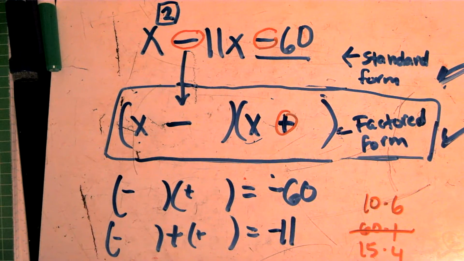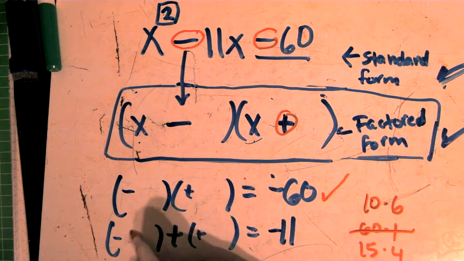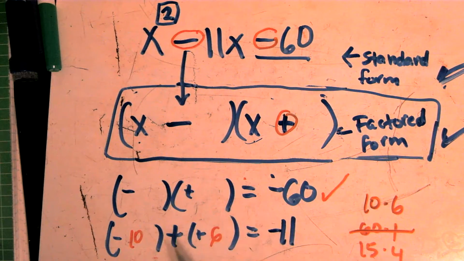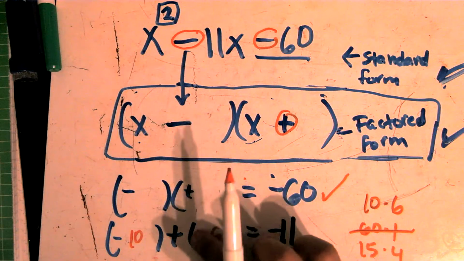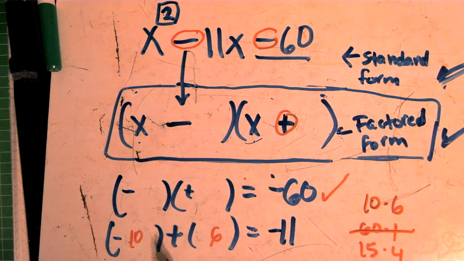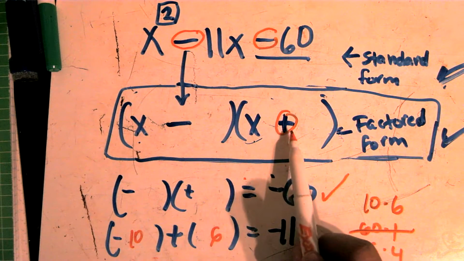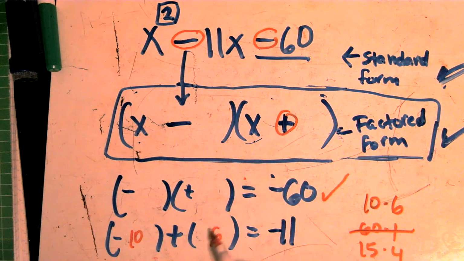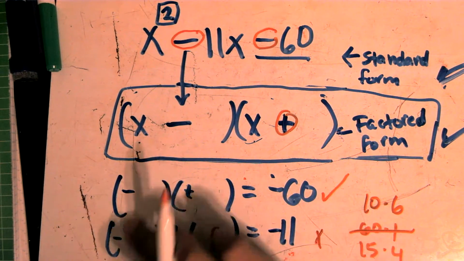I always test the bottom one because it's always going to work on the top. So 10 and 6. Negative 10 plus 6, if you put that, the positive number, you would never put plus in your calculator. If you're adding a positive number, you would just do plus the number itself. This is just so you are aware that the second number is positive. So negative 10 plus 6 is going to give you a negative 4, which is not negative 11.